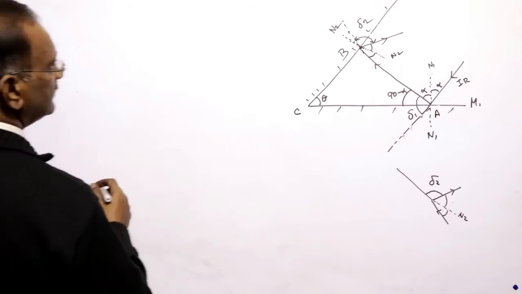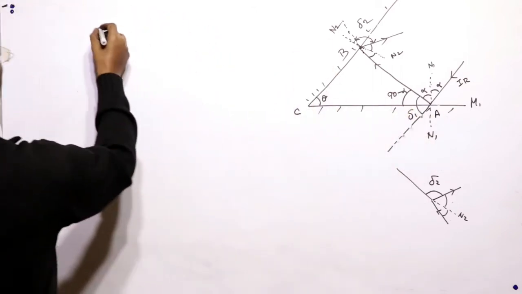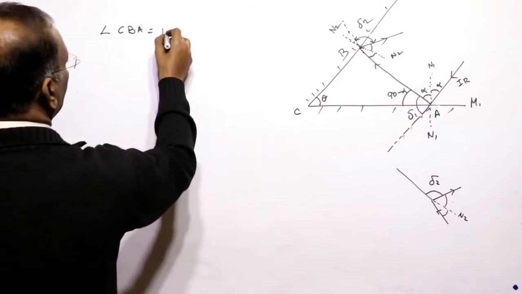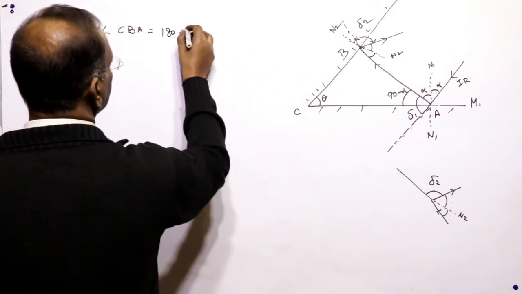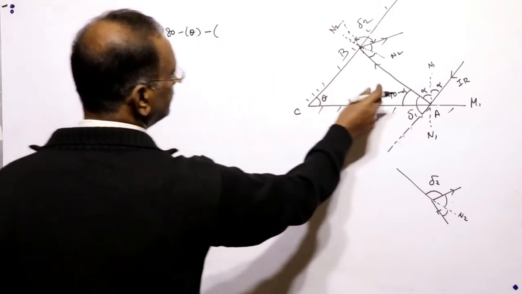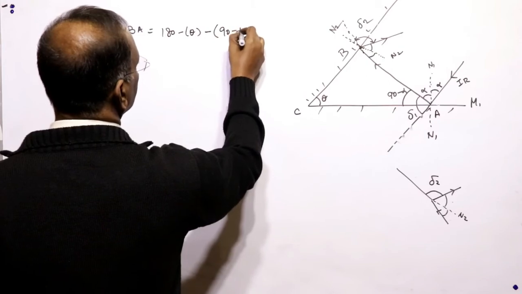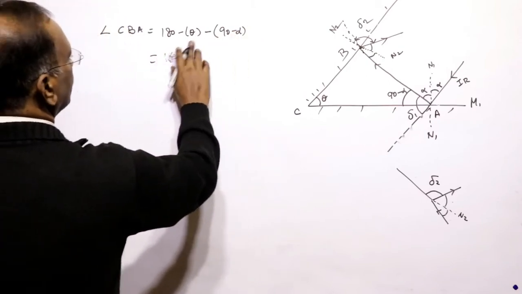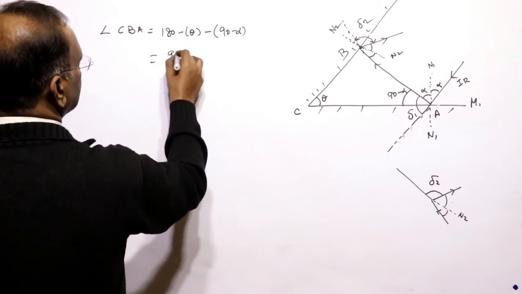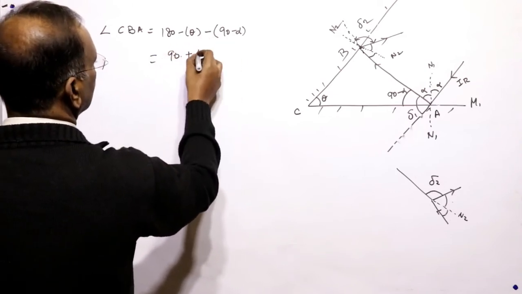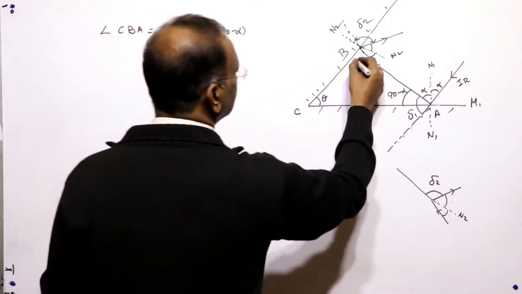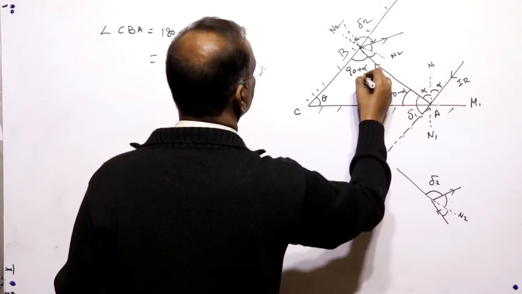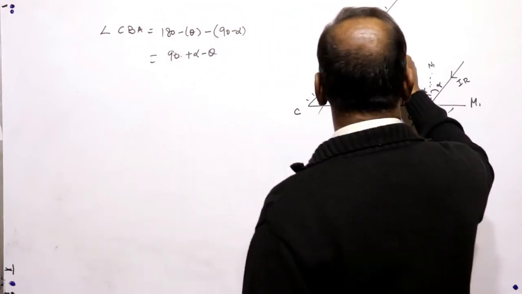Now let us calculate angle CBA. Angle CBA is equal to 180 minus this angle theta minus this angle 90 minus alpha, which is equal to 180 minus 90 is 90, and minus this will be plus alpha minus theta. So this angle is 90 plus alpha minus theta. What will be this angle?